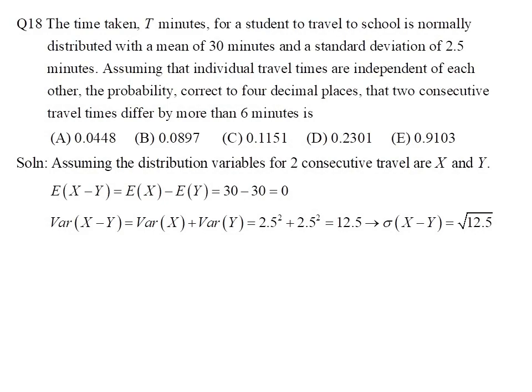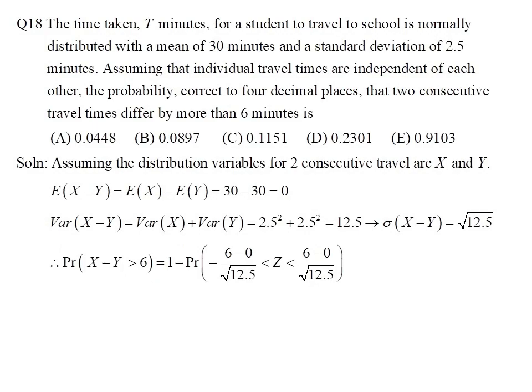It follows that the standard deviation of X minus Y equals the square root of 12.5. Hence, the probability that two consecutive travel times differ by more than 6 minutes can be expressed as 1 minus the probability that two consecutive travel times differ by less than 6 minutes.